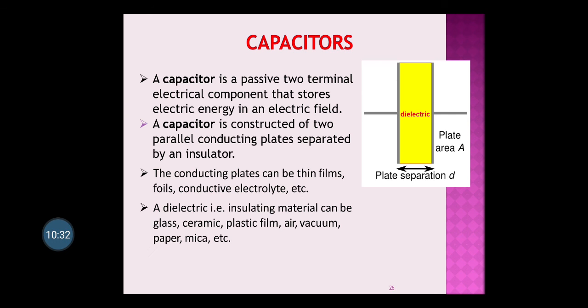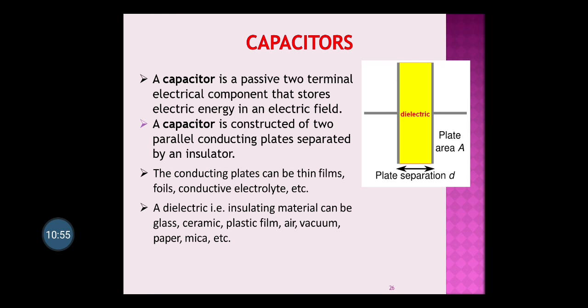Now here you can understand very well. A capacitor is a passive 2-terminal electrical component that stores electric energy in the electric field. A capacitor is constructed of 2 parallel conducting plates, and here I have made clear that it is 2 conducting plates separated by an insulator.